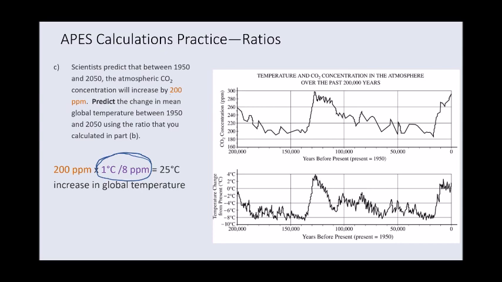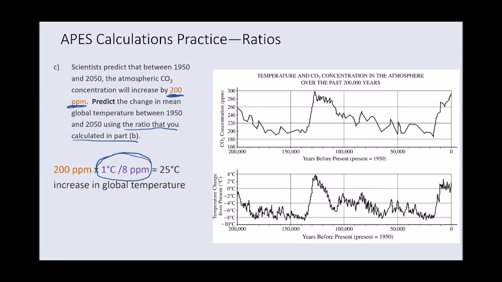We already know they think there will be an increase of 200 parts per million. So to make this prediction, we just multiply the ratio that we calculated in Part B by what they gave us in the question. And that is a 25 degrees Celsius increase in global temperature. 200 divided by 8.